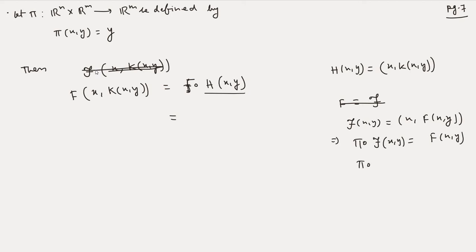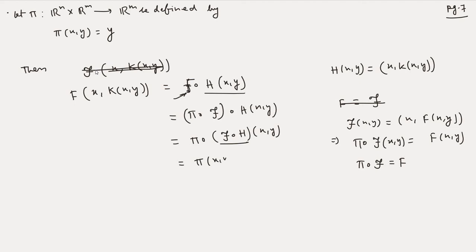So pi composed with script f equals capital F. So we replace this capital F by pi composed with script f composed with H of (x, y). Composition of mappings is associative, so this is equal to pi composed with script f composed with H, of (x, y). They are inverse to each other, so this is equal to pi of (x, y), and this is equal to y.